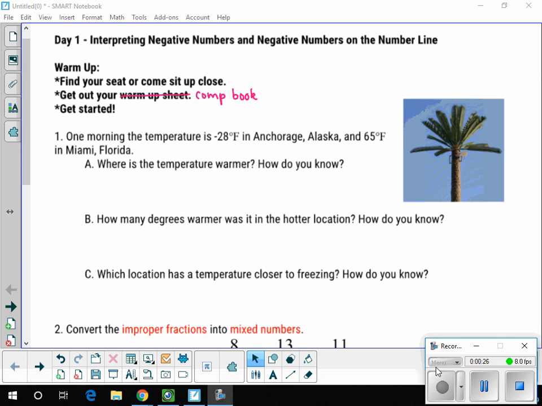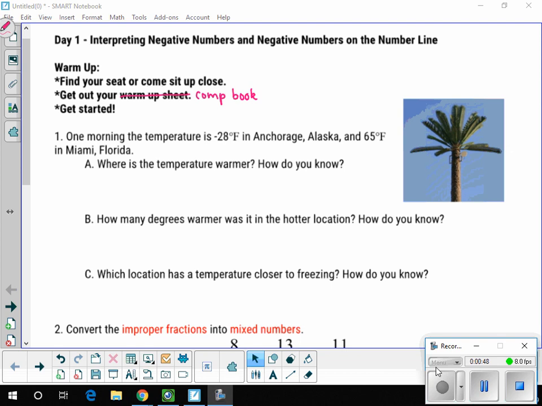They're also numbers like -1, -2, -3. Later on this week, we're going to talk about placing positive and negative fractions and positive and negative decimals. Today, we're going to focus on getting familiar with number lines.